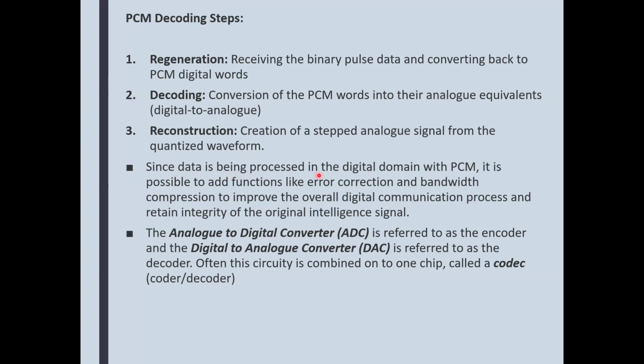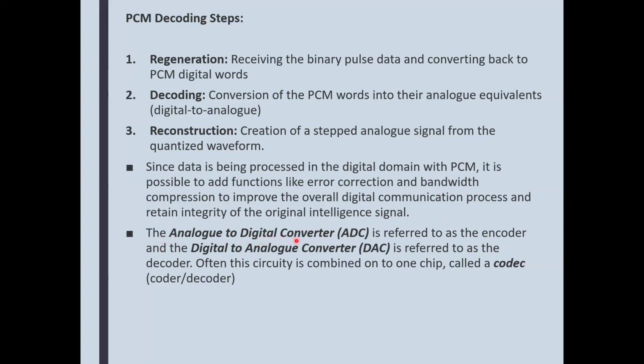Since data is being processed in the digital domain with pulse code modulation, it is possible to add functions like error correction and bandwidth compression to improve the overall digital communication process and retain the integrity of the original intelligence signal. Which means you can compress that and send it very fast. All you have to do is slow it down at the end so the human can hear it, right? To the original shape.